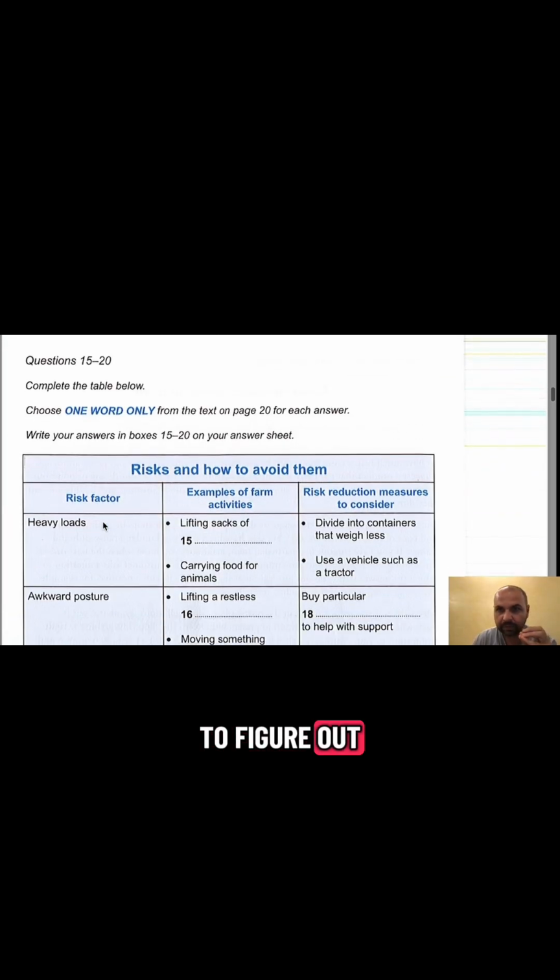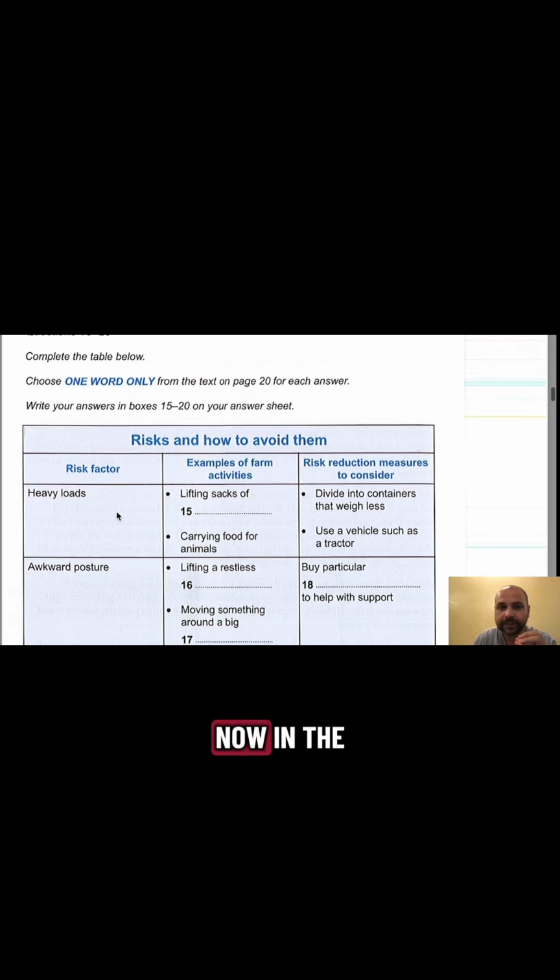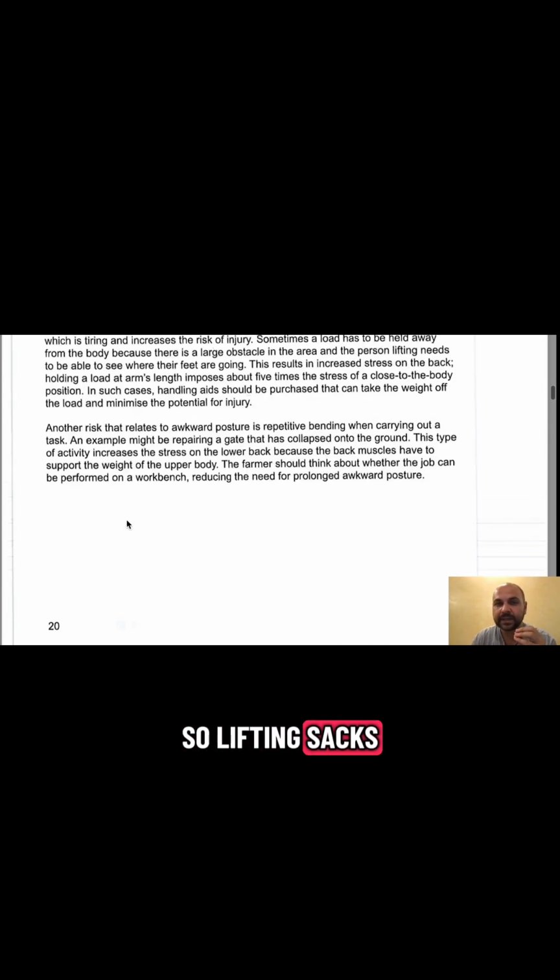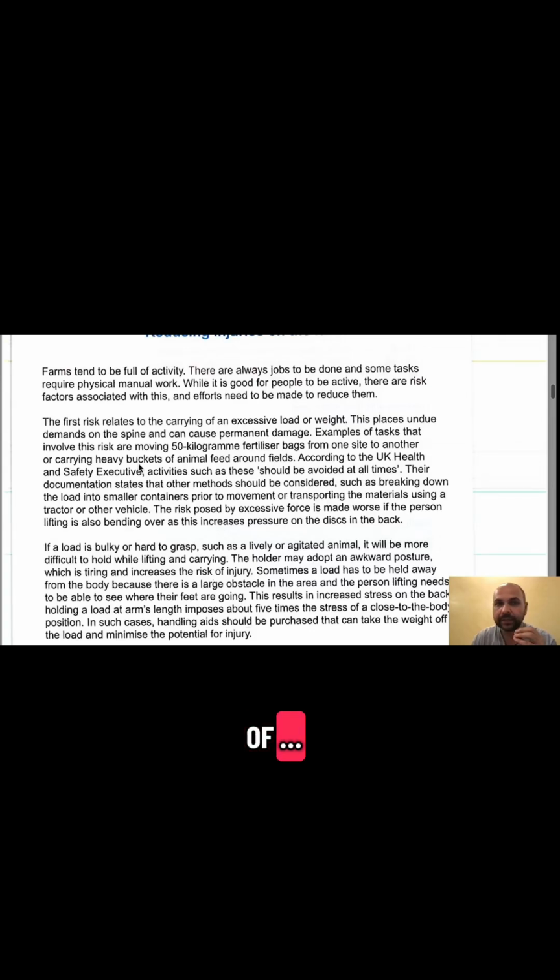Now let's try to figure out the missing words. In the text, we're not going to see the same word order, so maybe synonyms have been used or the words have been substituted. Lifting sacks of, and we are referring directly to the second passage.